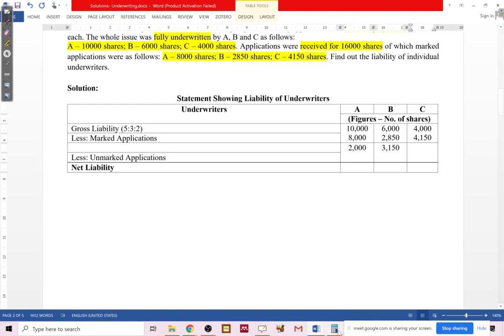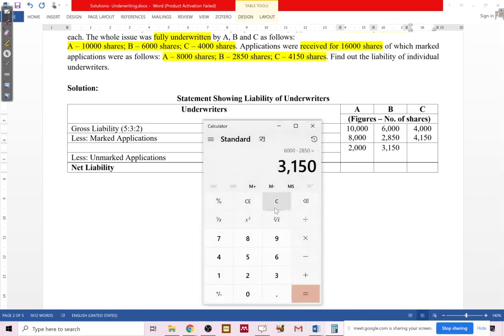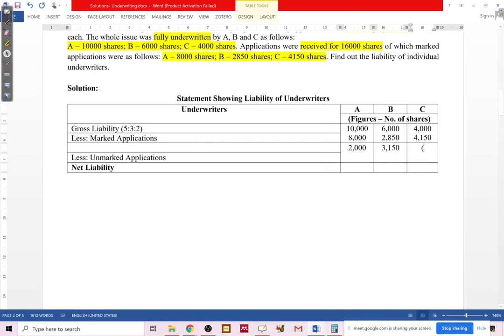Now, this is an interesting part. In case of underwriter C, 4,000 minus 4,150. What do you get? A negative 150.